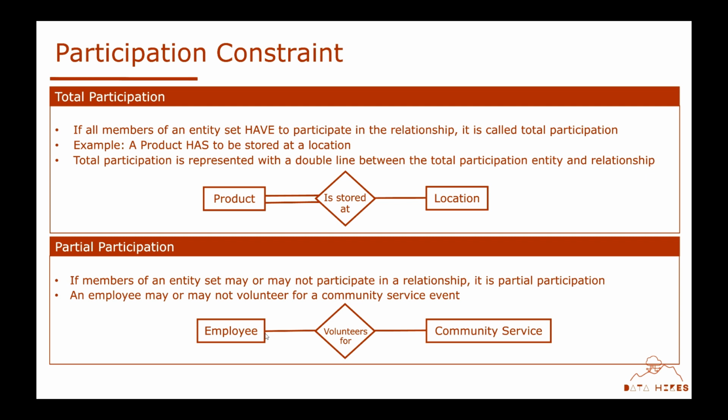Can we really say that an employee has to volunteer for community service? No, it doesn't make sense, because has to and volunteer contradict each other. Hence, we can say that this is a partial participation example.